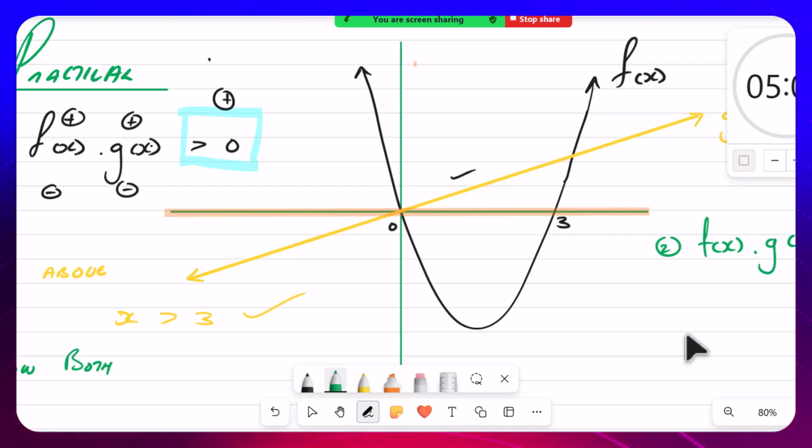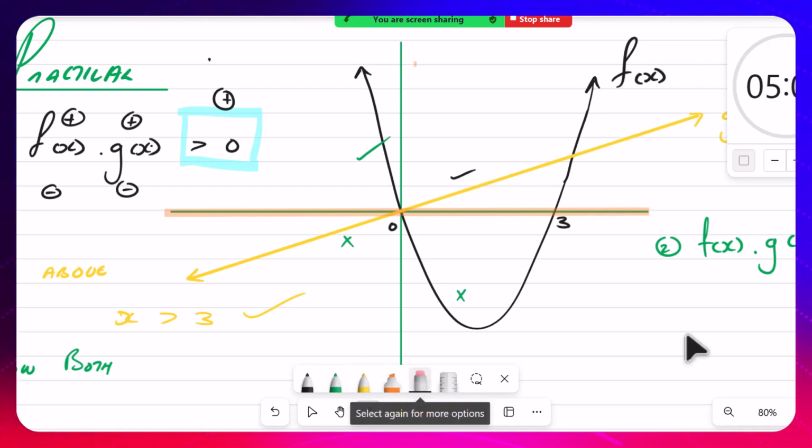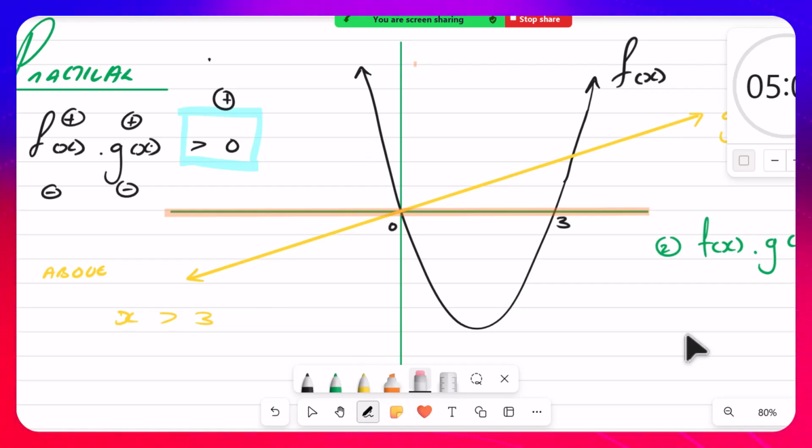No. In this case, this one starts going up, this one starts going down. No. And this one is down and that one is up, so it won't work. So for this particular case, you only have one answer, and that answer is where x is greater than 3. Please take it down. Let's give it a minute, then we can continue.